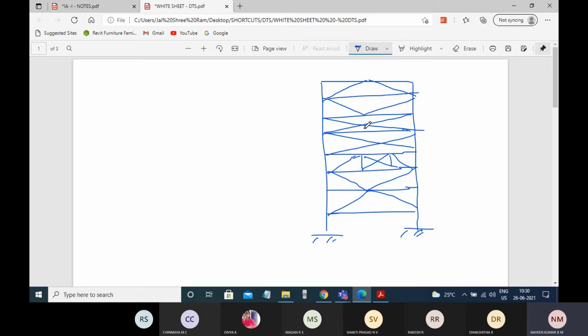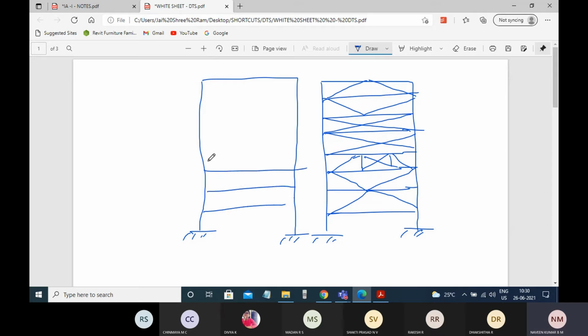In a building, you will not find all these different types of bracing; you can expect only one or two kinds of braces. Similarly, if I draw the rigid frame structure, it will be something like this. Between the frame, you will not see any obstructions, right?